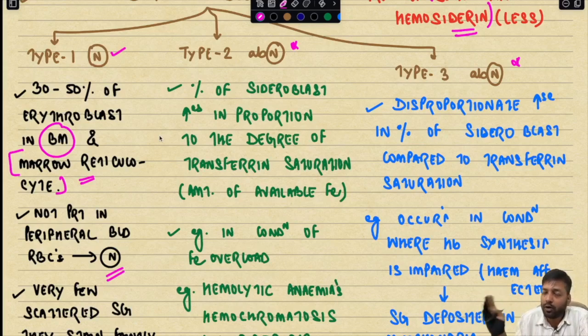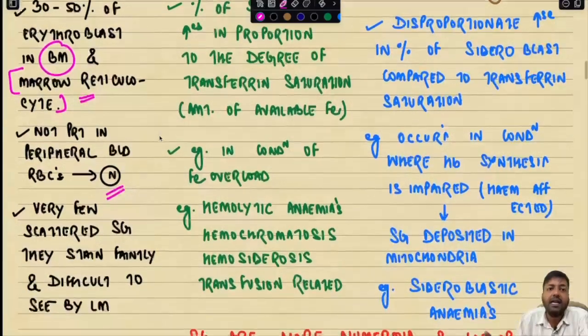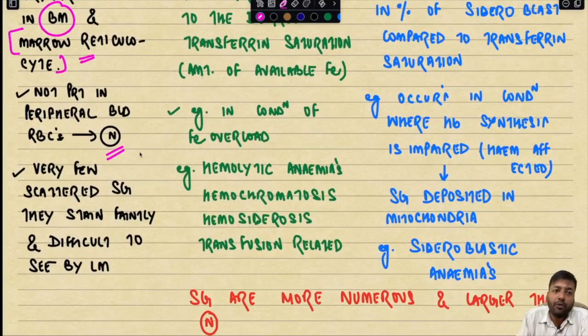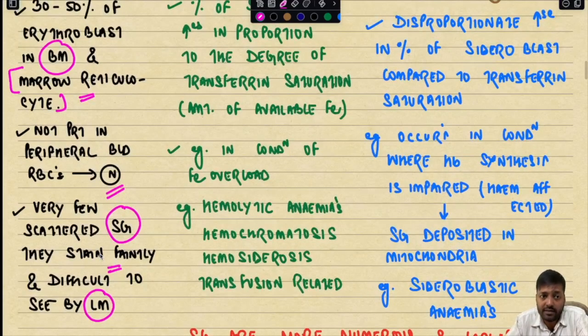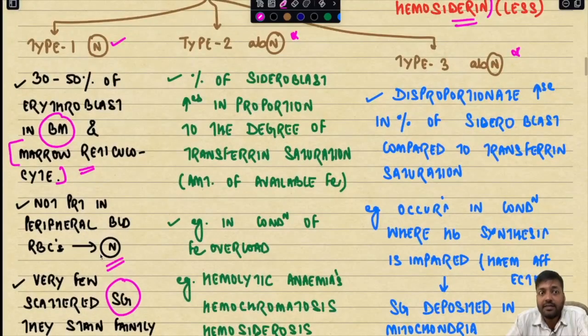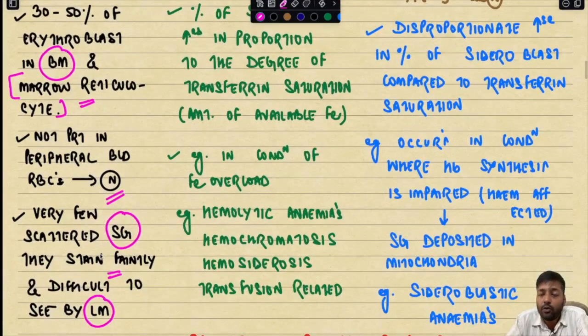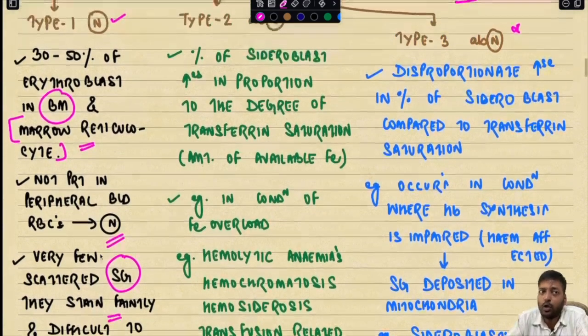I already told you what maturation occurs, so I am not repeating it. Remember, very few scattered siderotic granules are present, they stain very faintly, and they are very difficult to see by light microscopy. So they are not of much significance normally.